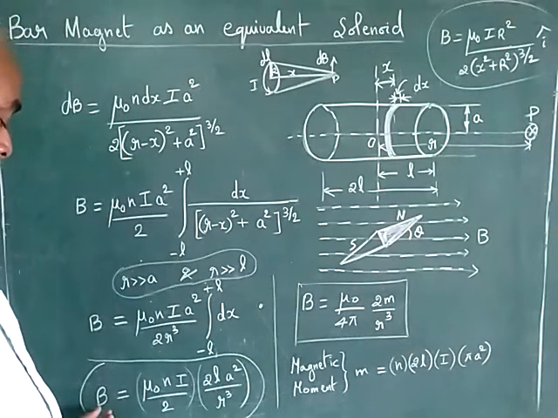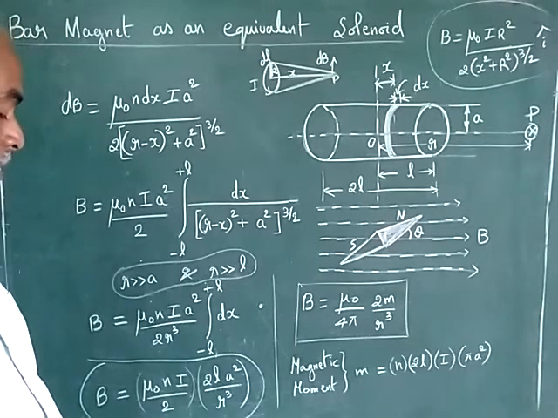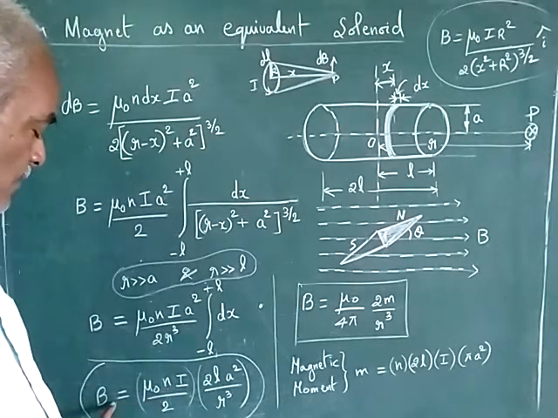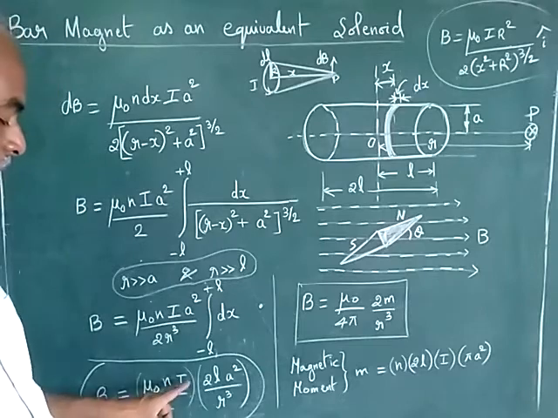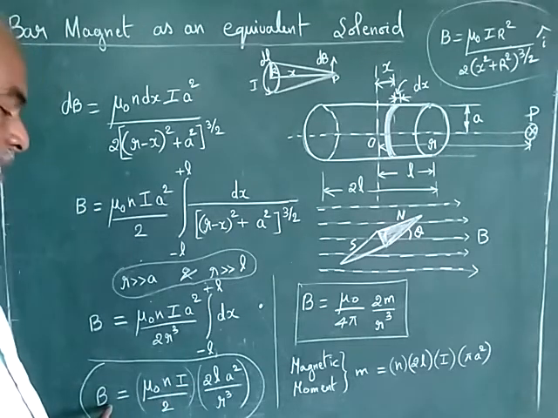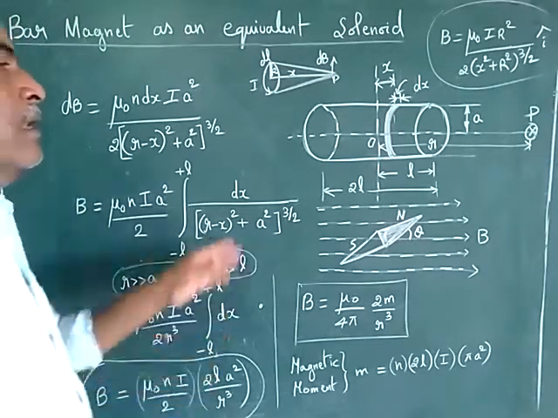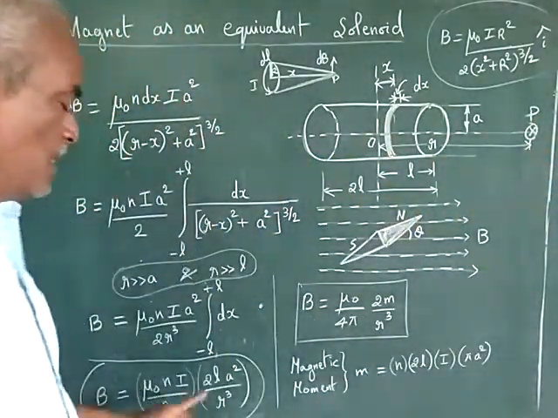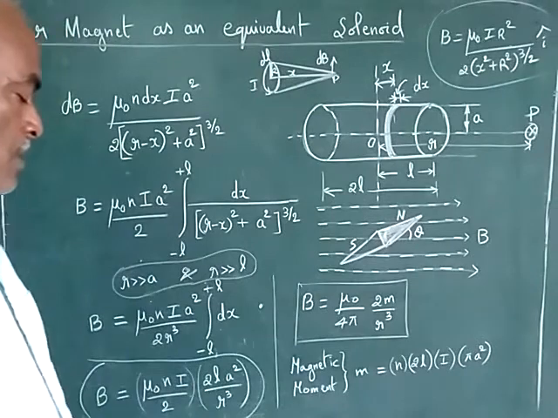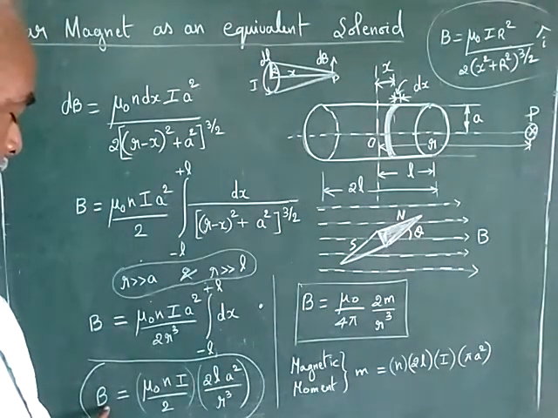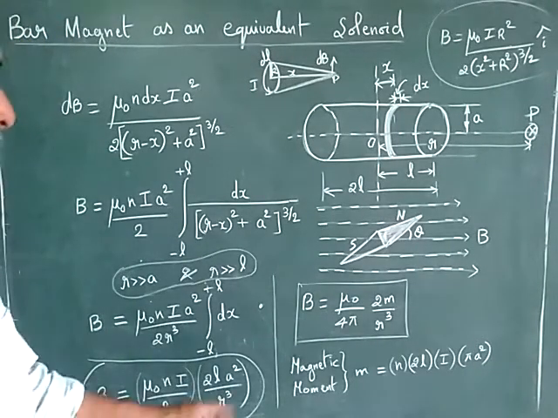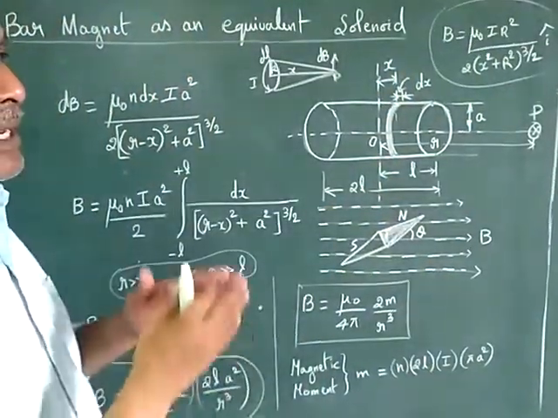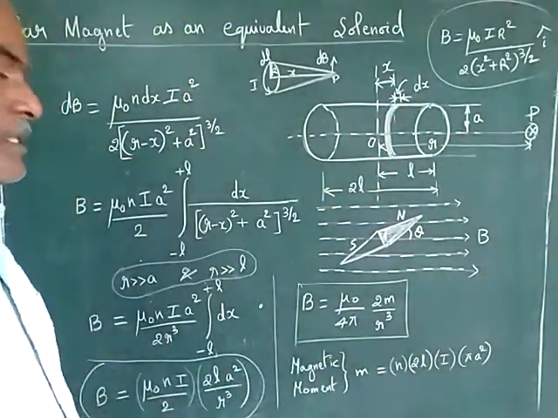But the magnetic field density depends on N, the number of turns. As this increases, the magnetic field increases. As I increases, the magnetic flux density increases. As L, the length of the solenoid, increases, 2L increases, then the magnetic field increases. Then A squared, A is the radius, so as A increases, it also increases.